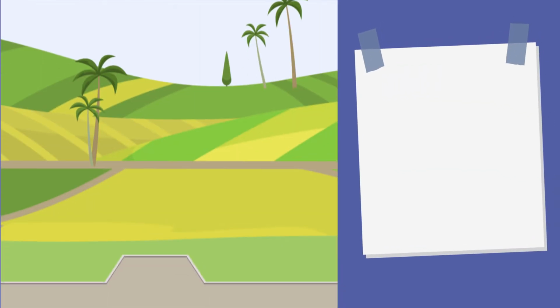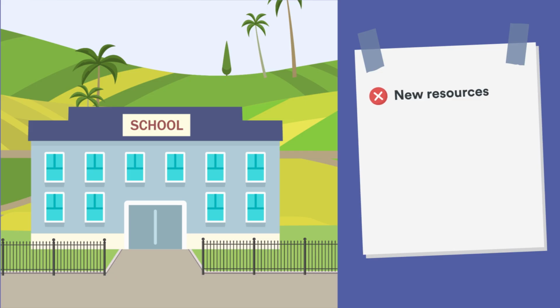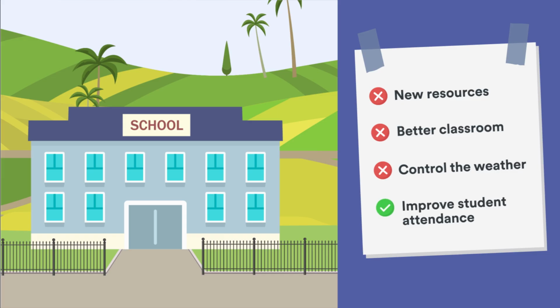The school cannot afford to buy new resources or build better classrooms, and they can't control the weather. One thing they can do is try to help missing students to catch up and attend more regularly.